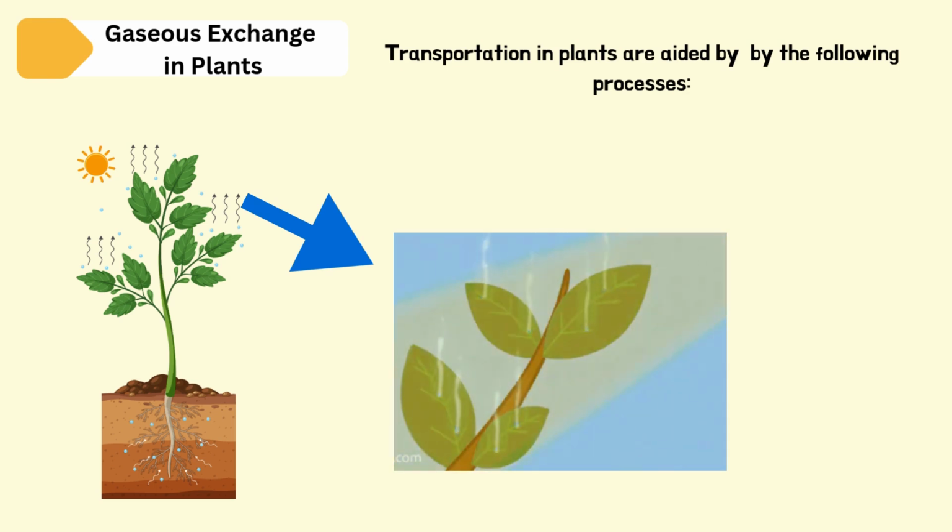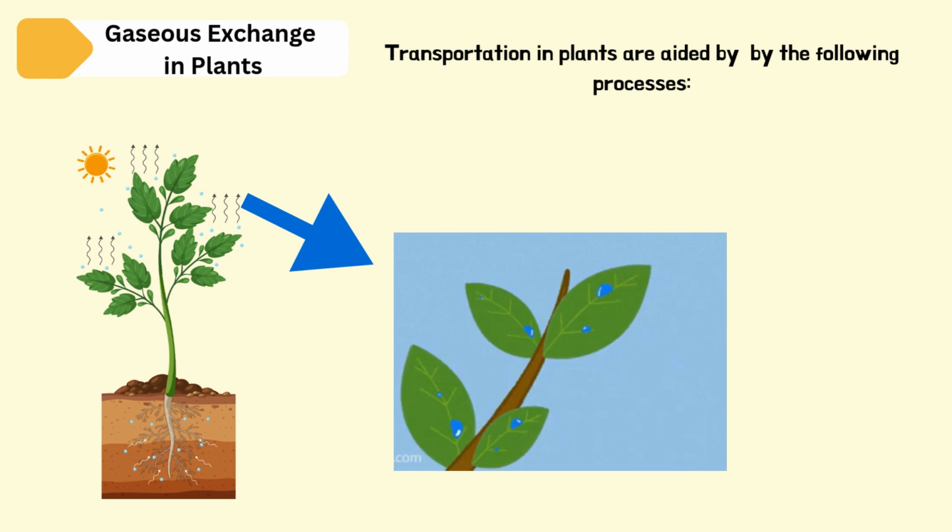The shoot system of flowering plants obtains oxygen from the atmosphere and gives out carbon dioxide and water vapor to the atmosphere through the stomata of the leaves and the lenticels in the stem through the process of diffusion.